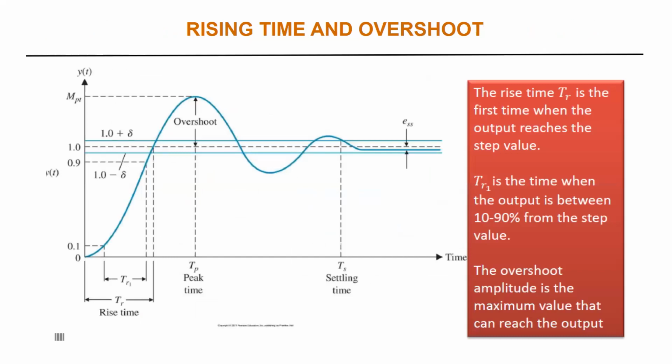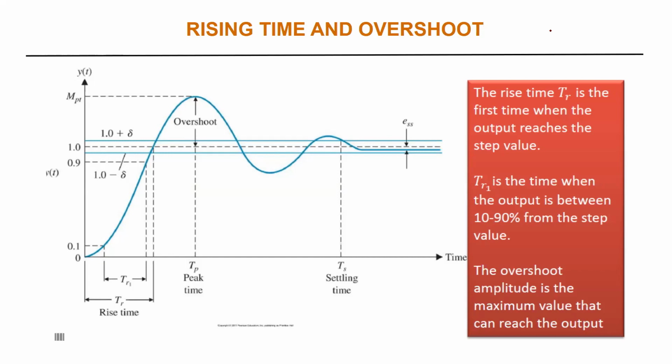Now we come in here. We would like to relate, or sometimes do, design. You are given a certain second order system. We are going to focus on the underdamped case.